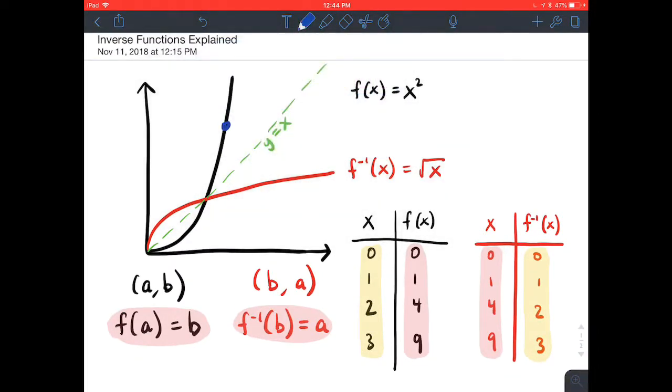What this means is that if the point a comma b is here, then if we simply swap the x and y coordinates and we get the point b comma a, that will be on the graph of the inverse function. So in general, the inverse function will have a graph that is flipped across the line y equals x compared to the original function. Let's take a look at a few specific examples of inverse functions.